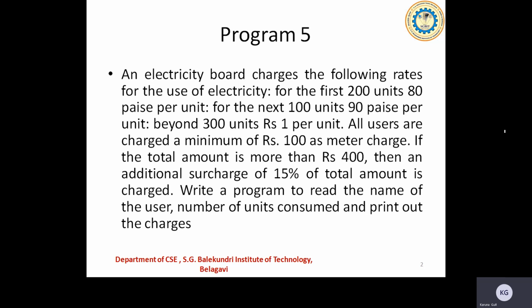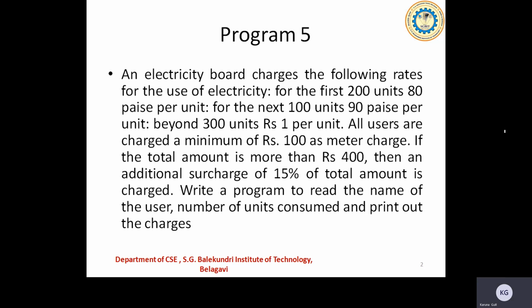An electricity board charges the following rates for the use of electricity. For the first 200 units, 80 paisa per unit. For the next 100 units, 90 paisa per unit. Beyond 300 units, rupees 1 per unit. All users are charged a minimum of rupees 100 as meter charge.